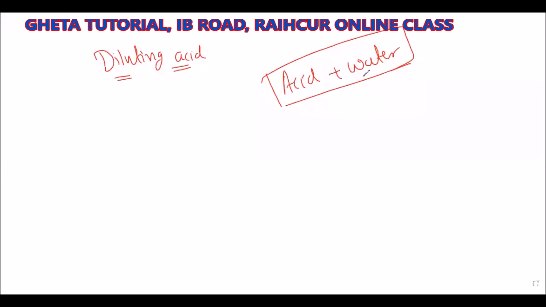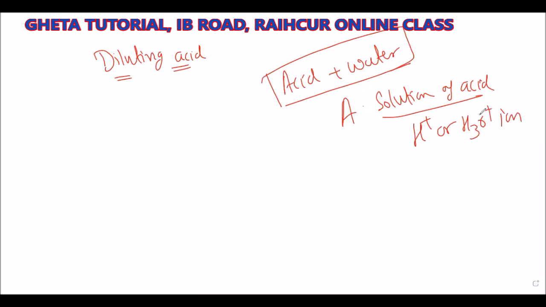H plus ion. When water is added to acid or acid is added to water, we can say it is an aqueous solution of an acid. The solution of an acid always produces H plus or H3O plus ion, correct?